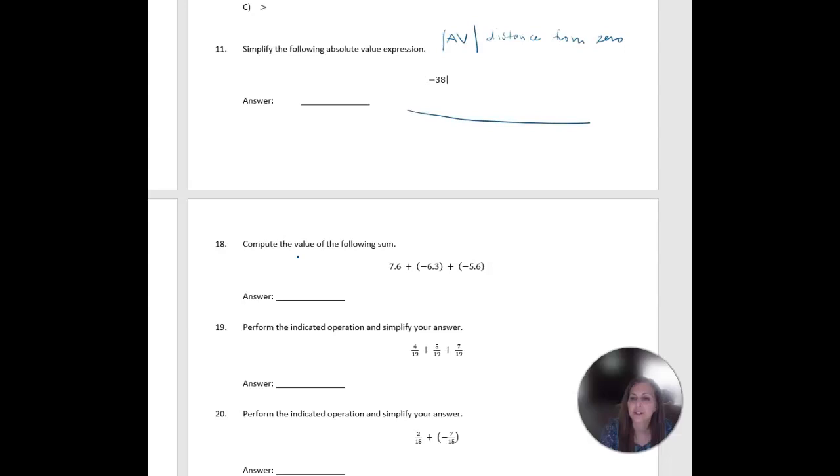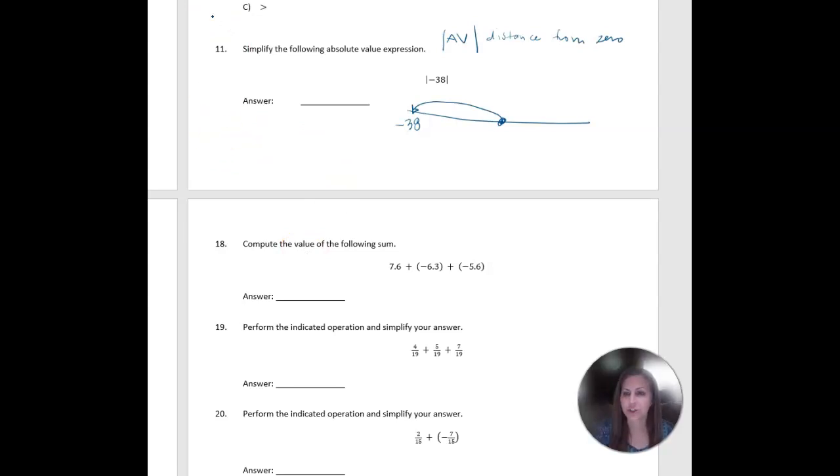Okay, so think about this. Here's 0 right here. Okay, -38 would be way down here. -38 would be to the left of 0. But the absolute value is asking you the distance from 0, not the direction. Negative is the direction, it's to the left. But hold on just one second. Let me pause this video. Okay, I'm sorry.